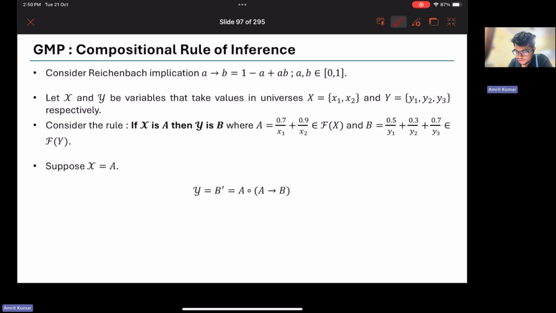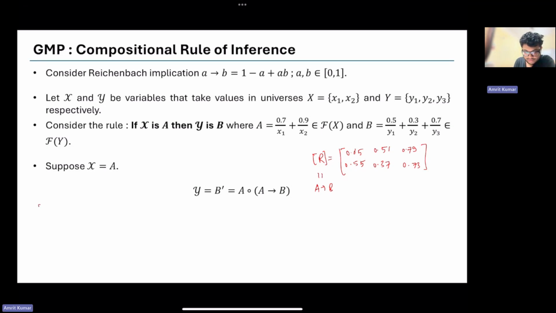So we had already computed the relation R, right? And what was that? It was 0.65, 0.55, 0.51, 0.37, 0.79, and 0.73. So this was our relation R, which we had computed by taking the outer product of A and B. Now we are given A dash equal to A itself.